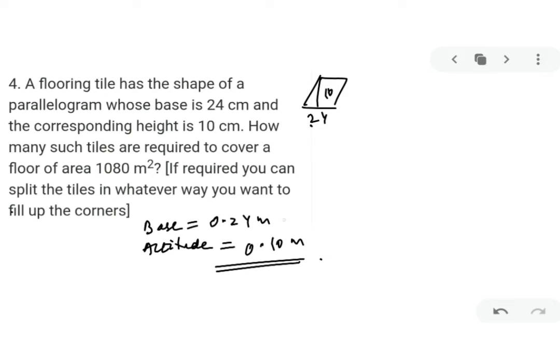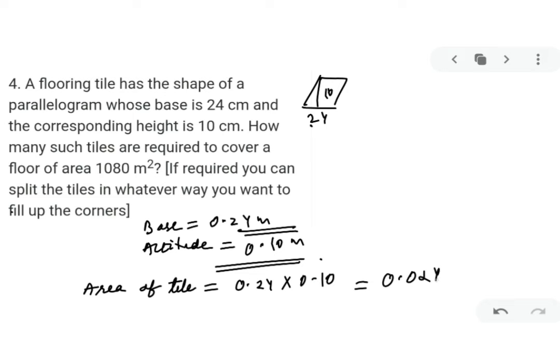So I got the base and altitude in meter, and my area of tile will be 0.24 into 0.10, that will make 0.024. Yes, that will be in meter square.